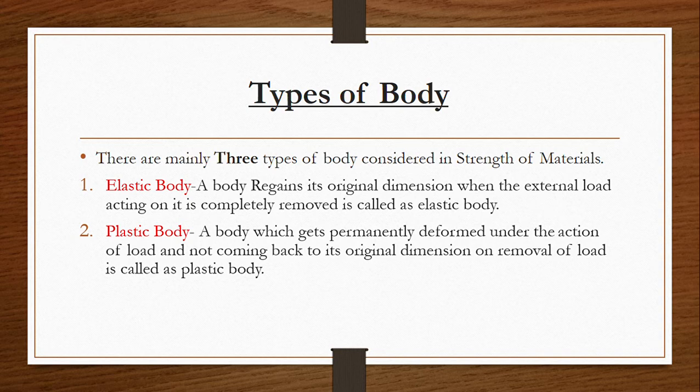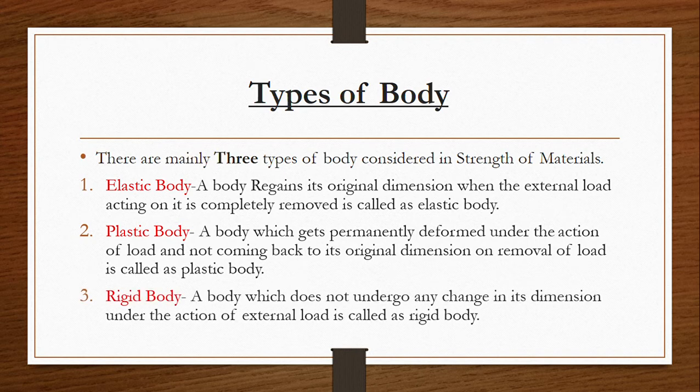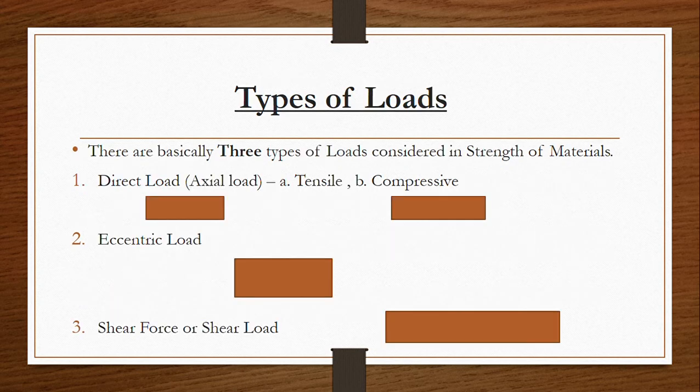It means when we remove the force, it does not regain its original size and shape. And the last one is the rigid body, which does not undergo any kind of change. When we apply any kind of stress or force, it will not change its shape or size, that is called a rigid body.